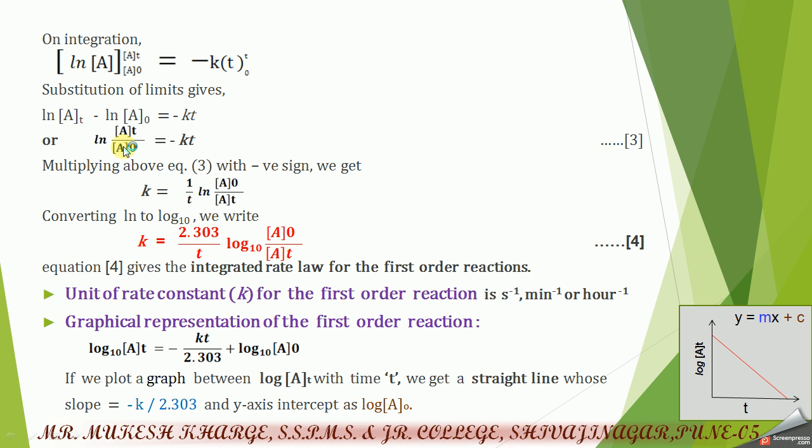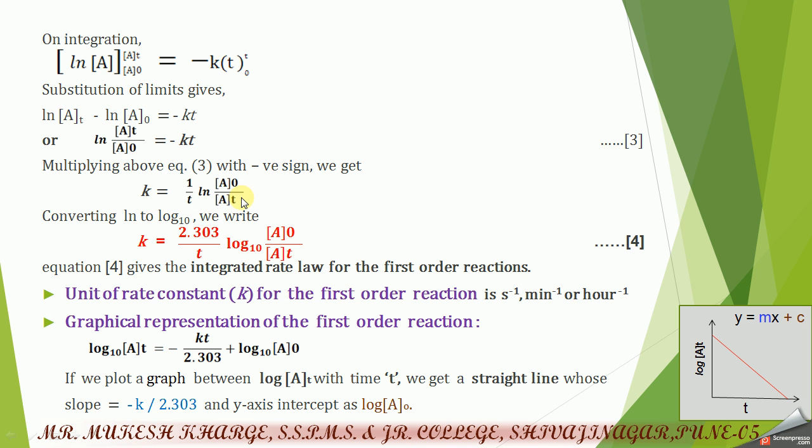Or if we check the previous equation, ln At minus ln A0, if we multiply this equation by minus, it becomes minus ln At plus ln A0, that is nothing but ln A0 upon At. And again transfer the t to the left side, then what is our k? k becomes 1 upon t ln A0 upon At.